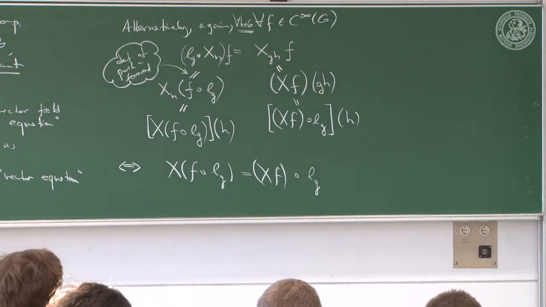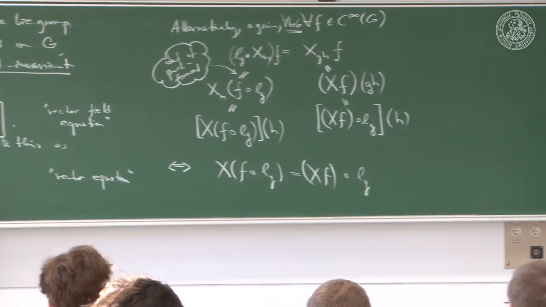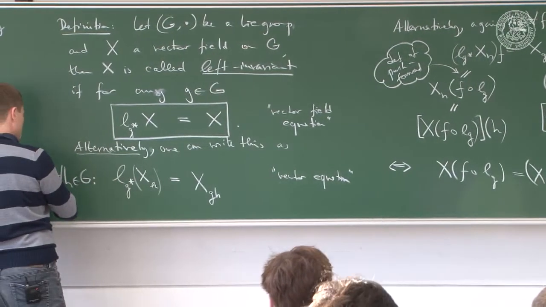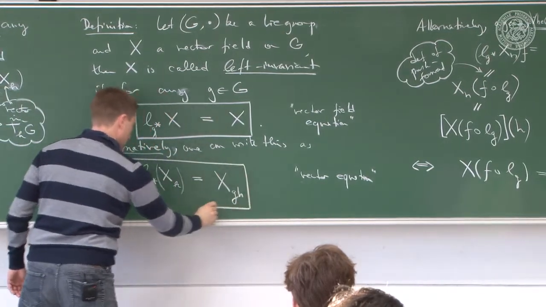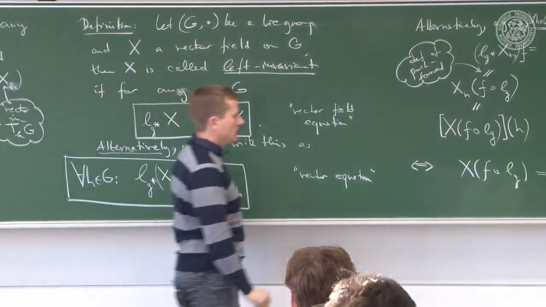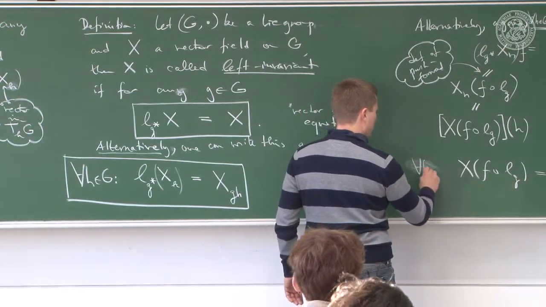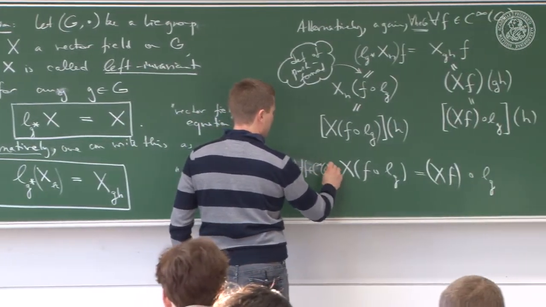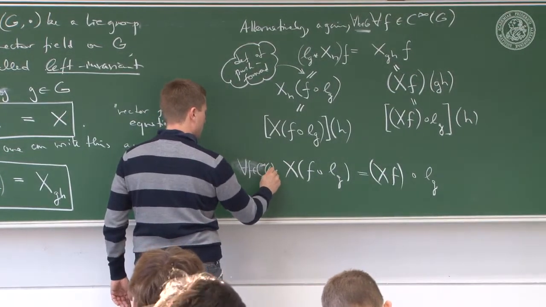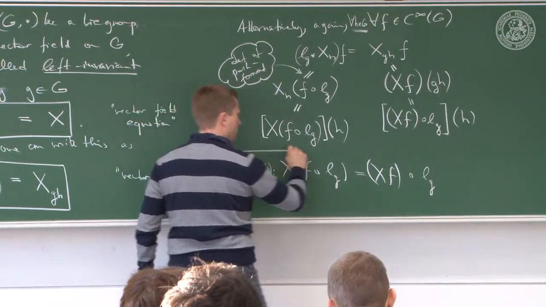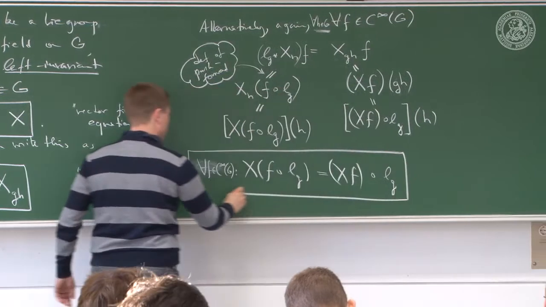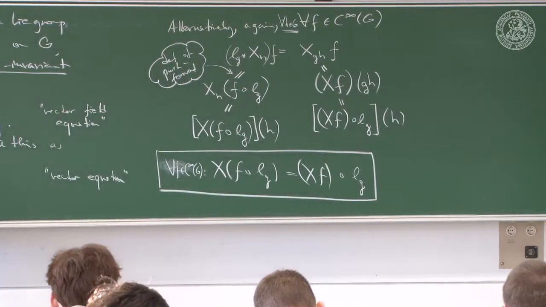So we have these three formulations, and this is true for all f in C infinity G. Well, the condition is that for all f it's true. So you have these three reformulations.